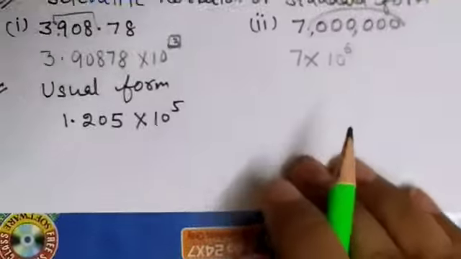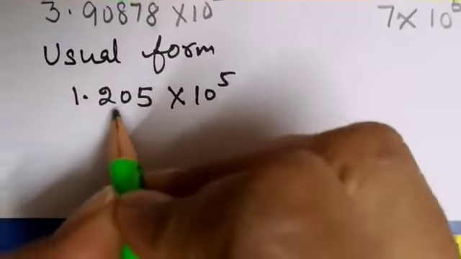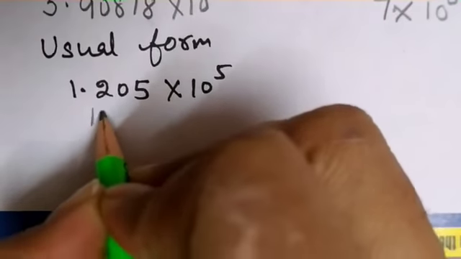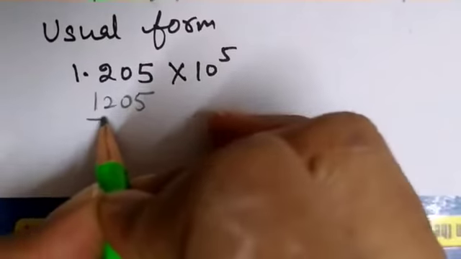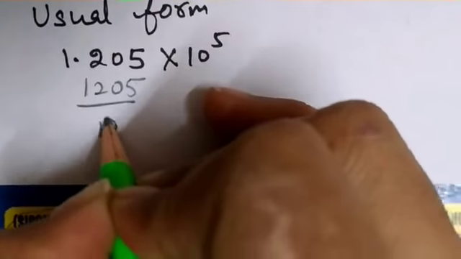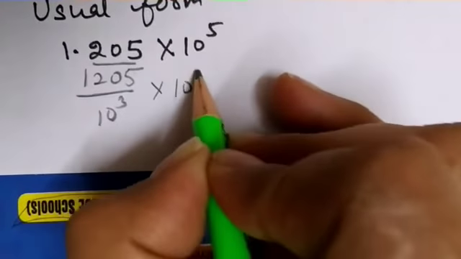Clear? If we write in usual form, then we remove the decimal, that means हमें इसका decimal remove करना है. 1205, we write 10 raised to the power 3 because decimal के बाद 3 digit है. We write 10 to the power 3 multiplied 10 to the power 5.